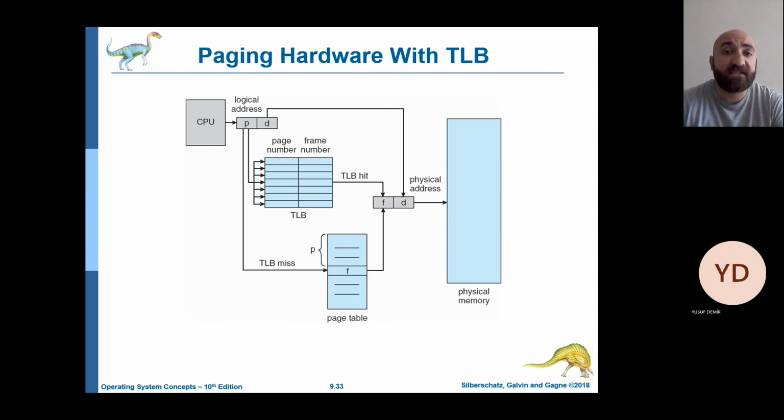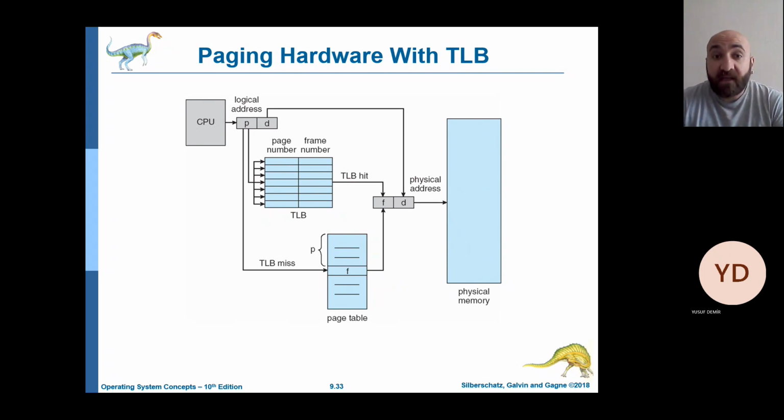When a logical address is generated by the CPU, the MMU first checks whether its page number is present in the TLB. If the page number is found, its frame number is immediately available and is used to access memory. As we just mentioned, these steps are executed as part of the instruction pipeline within the CPU, adding no performance penalty. So you can assume it's very similar to reaching a register.